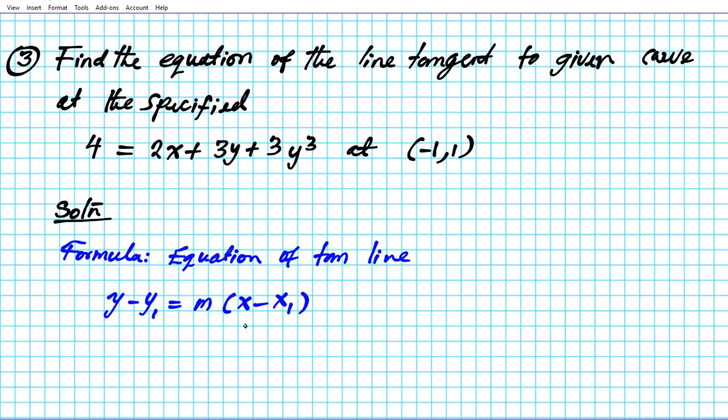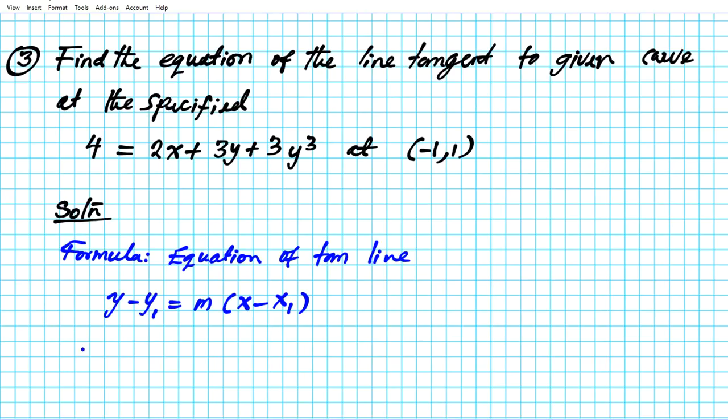Oh wait, look at this. This is an Algebra 1 or 2 equation, right? The point-slope form of the equation of a line. So this is the algebraic variation of the formula we're going to be using.